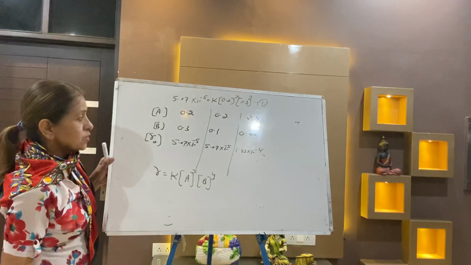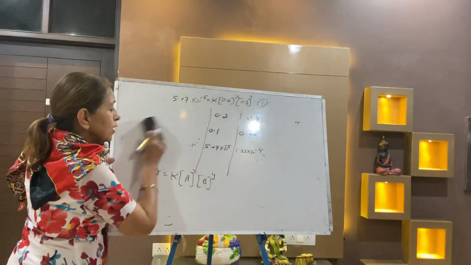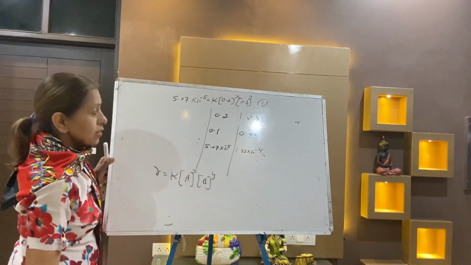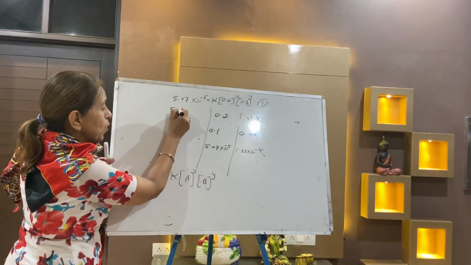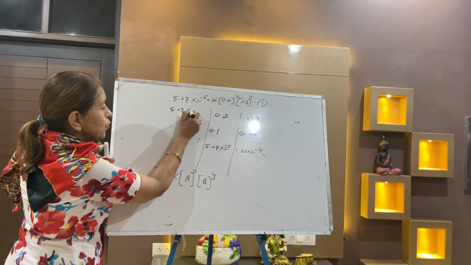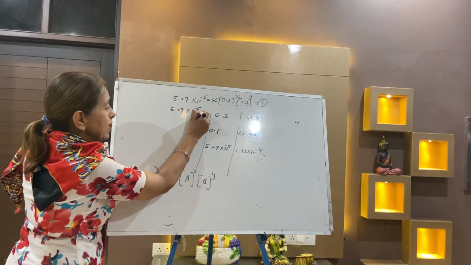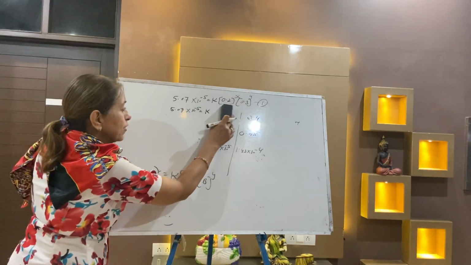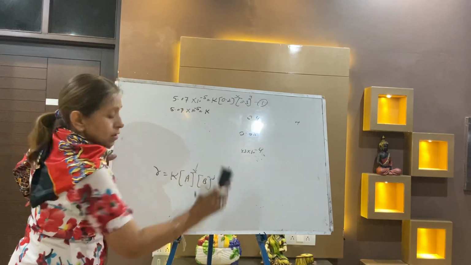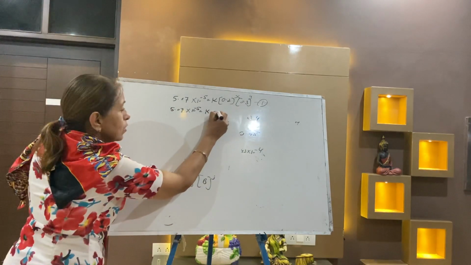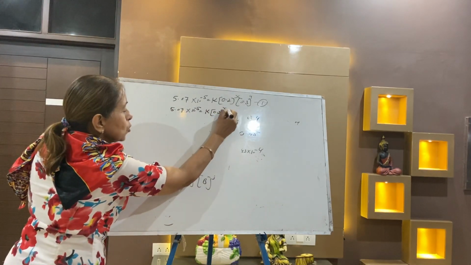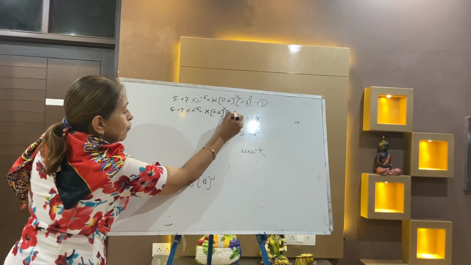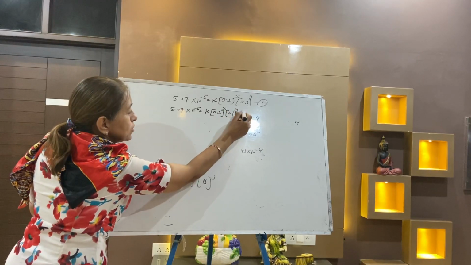Now coming to the second. Second is also 5.07 into 10 raised to power minus 5 is equal to K, 0.2 power X, 0.1 power Y. Make it equation number 2.